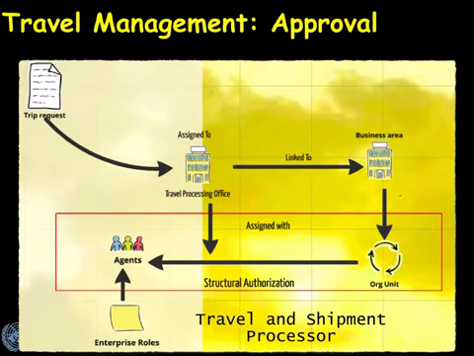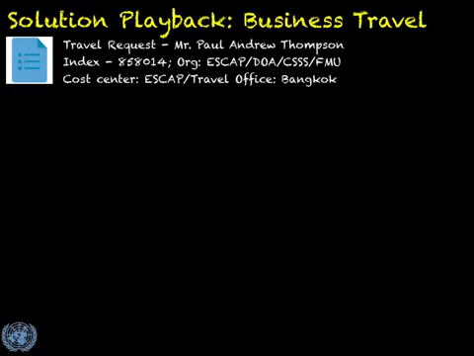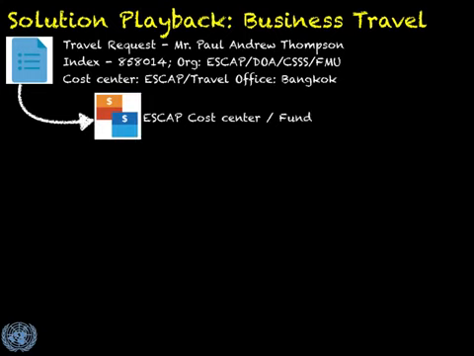Let's do a solution playback with the understanding of all the basic things. A travel request, say for example, I picked up a person, Paul Andrew Thompson, whose index number, and he's in SCAP, DOA, CSS, and FMU. And the cost center is SCAP and the travel office is Bangkok. What it means is the cost center, which has been entered in the trip request, defaults to SCAP cost center and its fund.